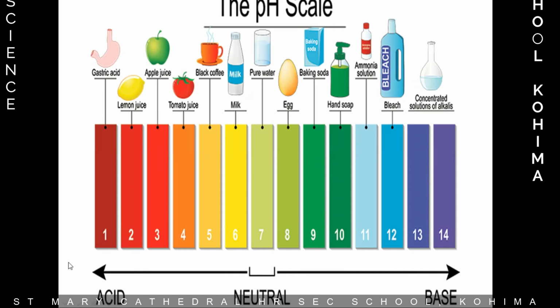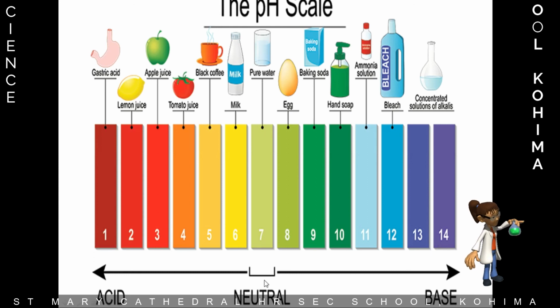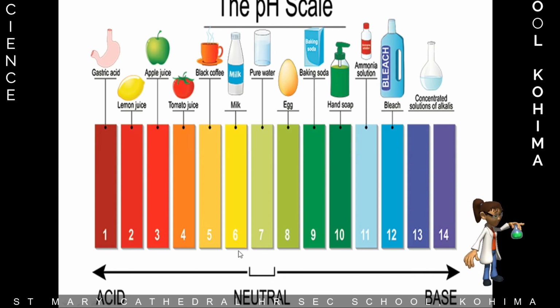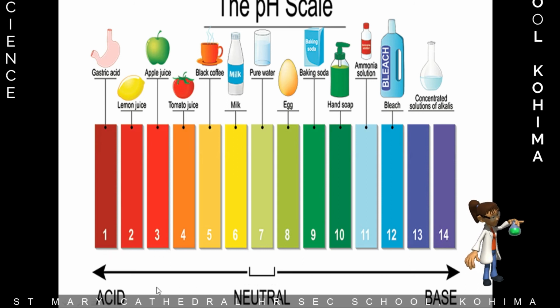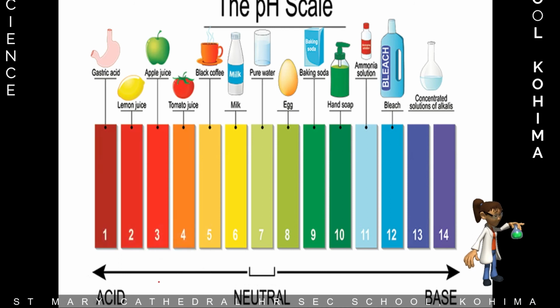It will look like this scale. 1, 2, 3 up to 14, it will have these serial numbers. 7 will be taken as neutral. Pure water is taken as neutral. It will not be acid or base. Now as the number decreases, the acidic strength will increase.